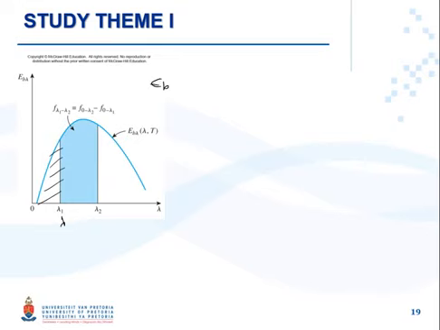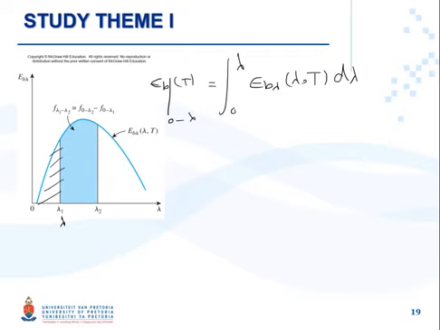So basically, E_b(T) for 0 to lambda will be the integral from 0 to lambda of E_b lambda T d lambda. As simple as that.